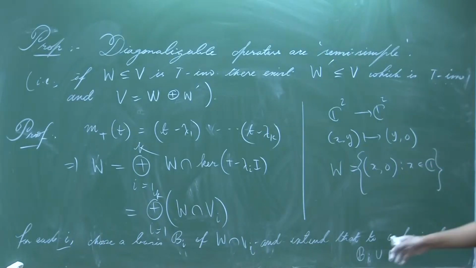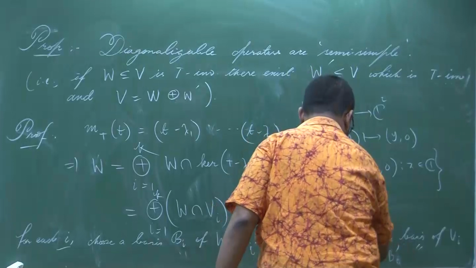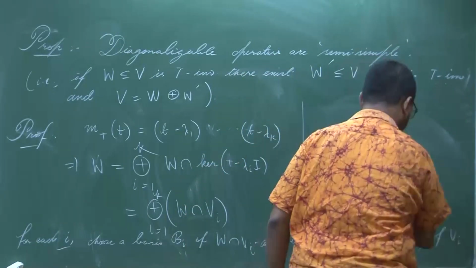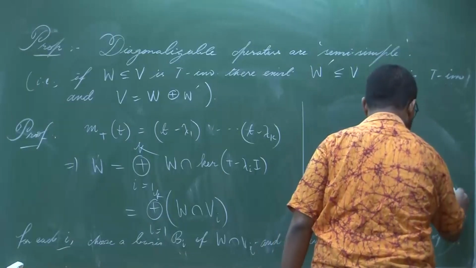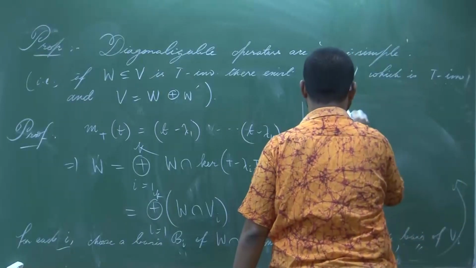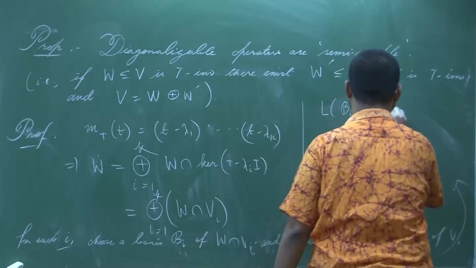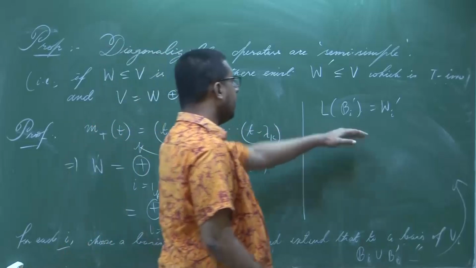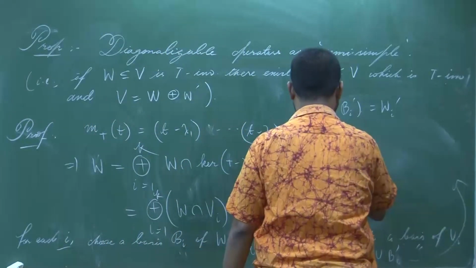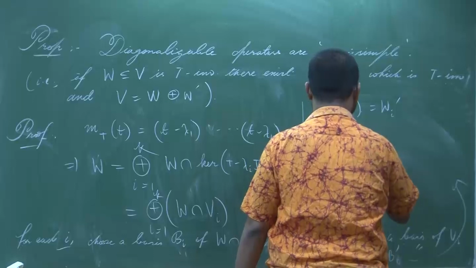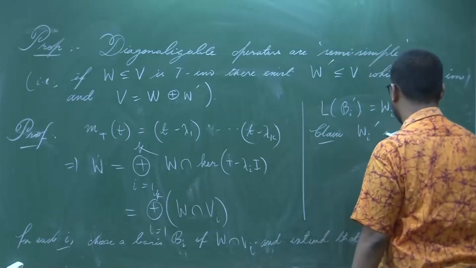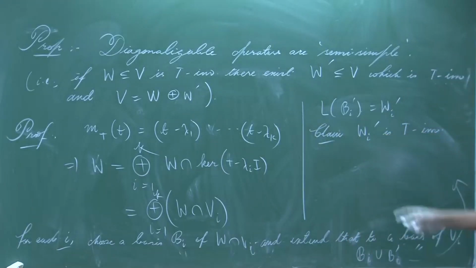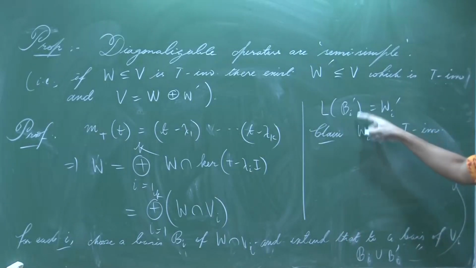Okay. Now, that is good, right? Then what you define is: take the linear span of Bi prime, and call it Wi prime. The claim is that Wi prime is T invariant. Why? That is very easy to see, because Wi prime consists of finite linear combinations of Bi prime.